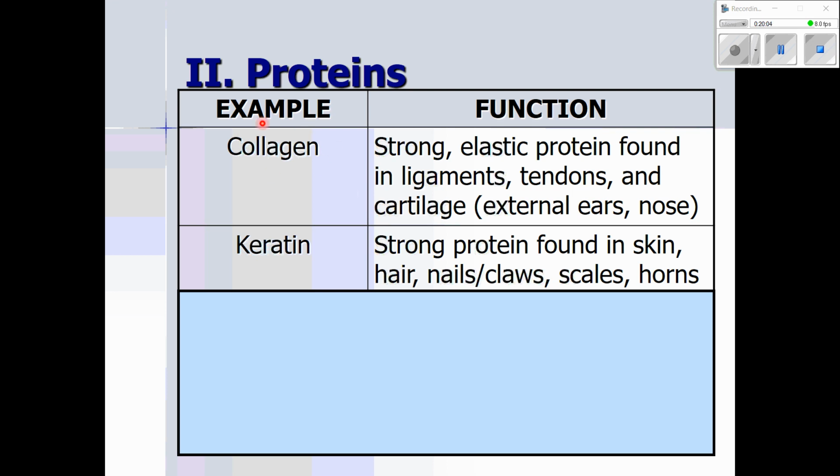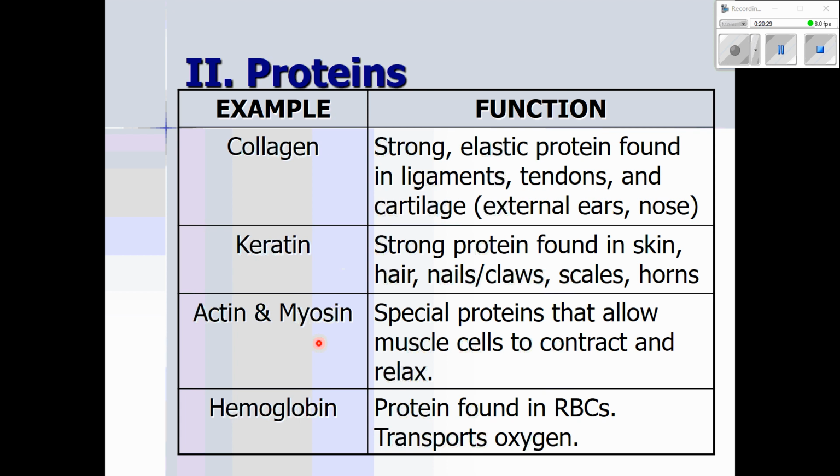Those things are all made out of this very strong elastic protein. Keratin is a strong structural protein found in skin, hair, nails and claws, scales, think the scales of a reptile or a fish, and also horns, like the horn of a rhinoceros.